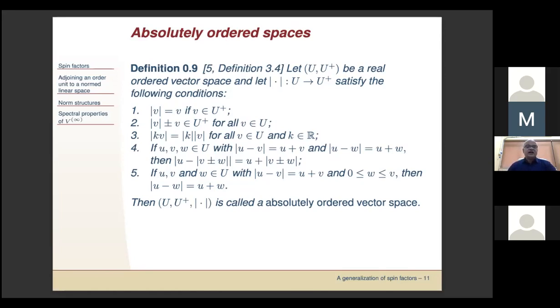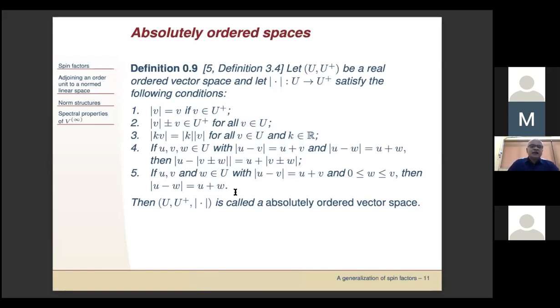Namely, we know, and I again proved this in one of the papers, maybe I will show it at the end in the references, that if you take two positive operators U and V in a C-star algebra A, then U is algebraically orthogonal to V, that is U times V is 0, if and only if they satisfy this condition: whenever I take W positive and less than or equal to V, then U is also orthogonal to W. So it's a kind of generalization of algebraic orthogonality in the sense of order theory.